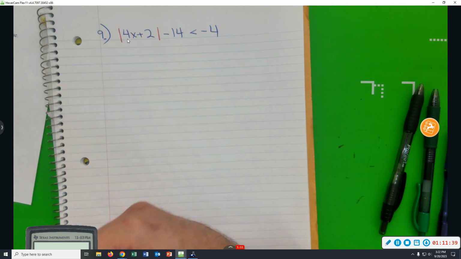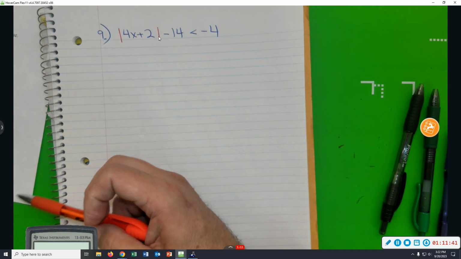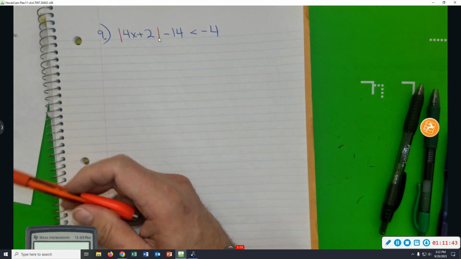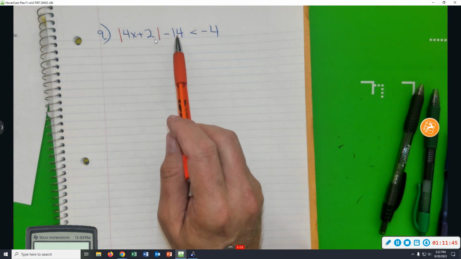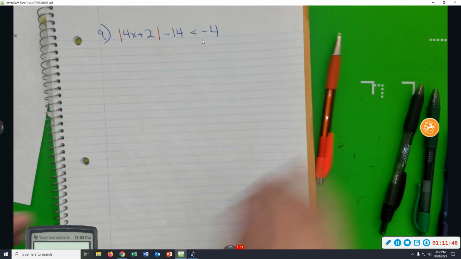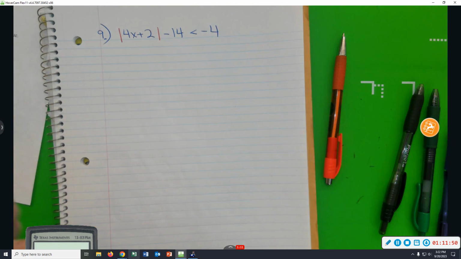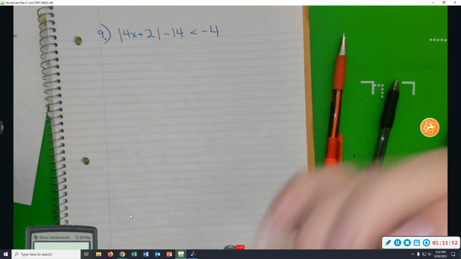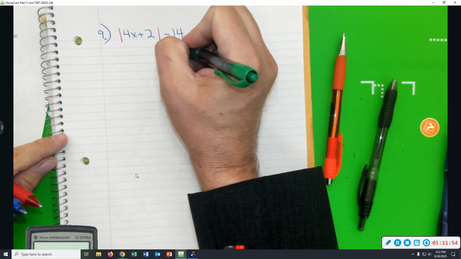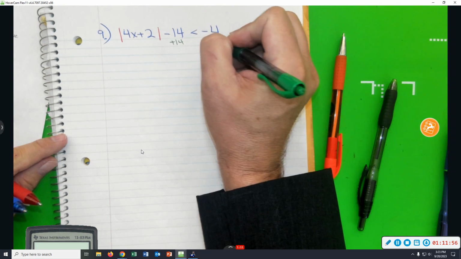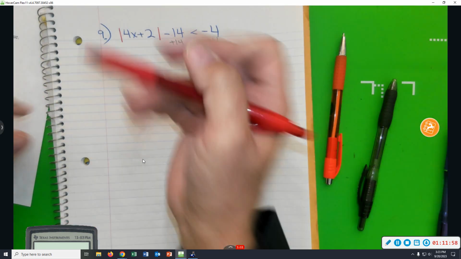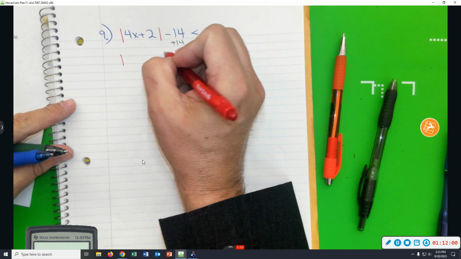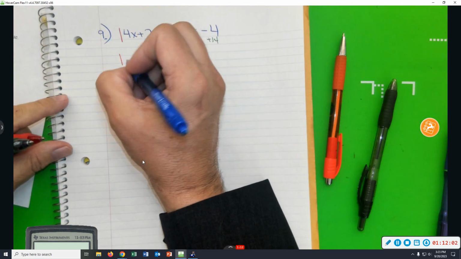Is it isolated by itself on one side here? No. What do we need to do to that minus 14? Add 14. So we're going to add 14 to both sides. Just like when you're solving equations, the first thing you're going to want to do is isolate the absolute value.